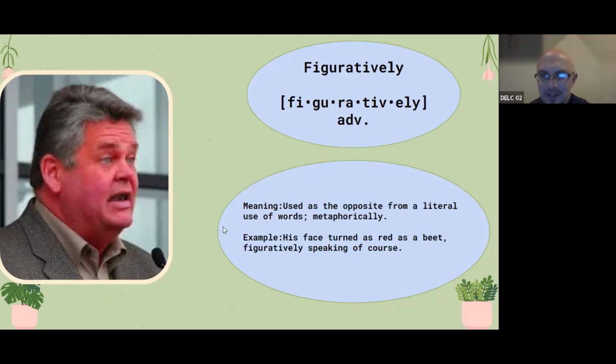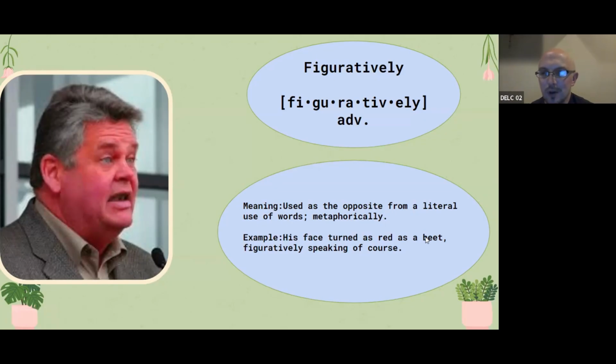So for example, we can say, his face turned as red as a beet. Figuratively speaking, of course. So a beet is like a fruit or a vegetable, and it's a very, very red color. And so maybe sometimes when people blush or they are stressed or scared, their face might turn red, but his face is not red as a beet, it's just very red, but not the same color.